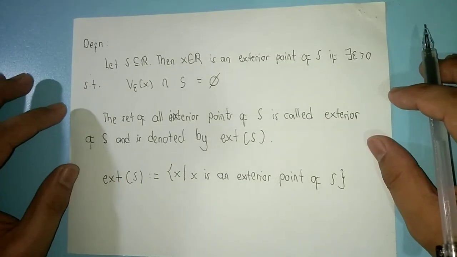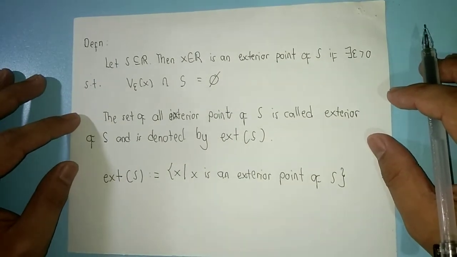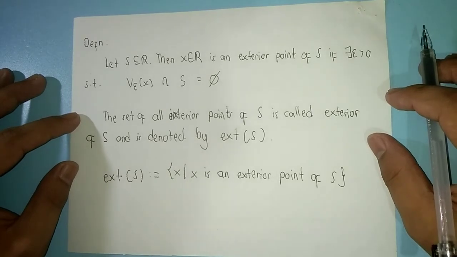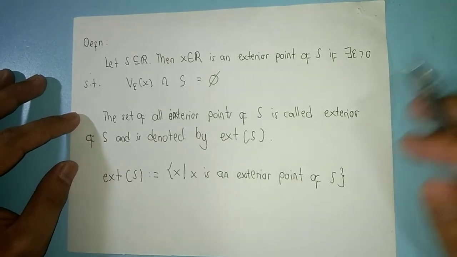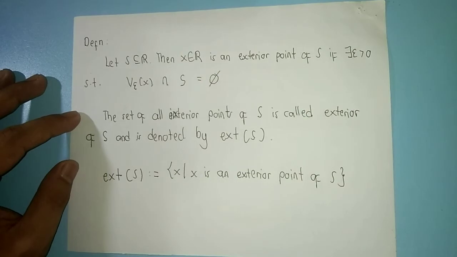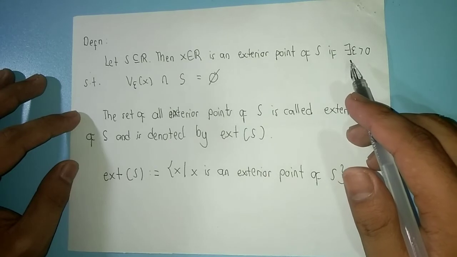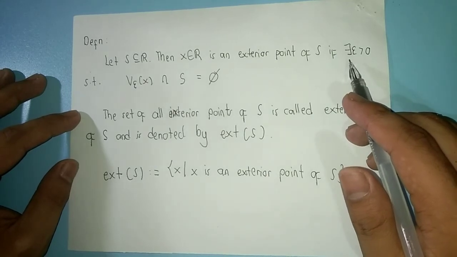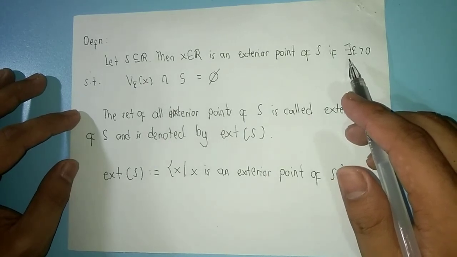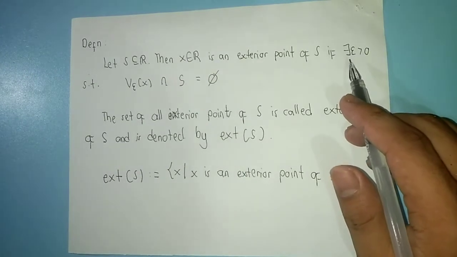So, let's have the definition of exterior point. Let S be a subset of R, then x element of R or a real number x is an exterior point of S if there exists a positive epsilon such that the epsilon neighborhood of x intersection S is equal to empty set. Okay, so padadaliin natin.